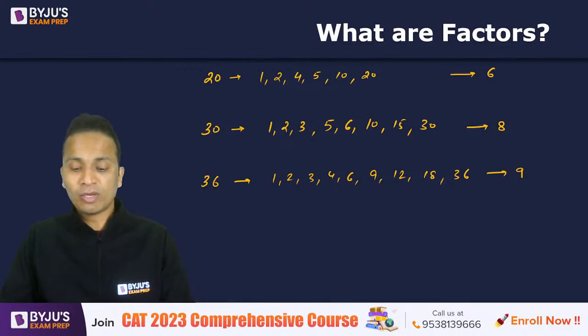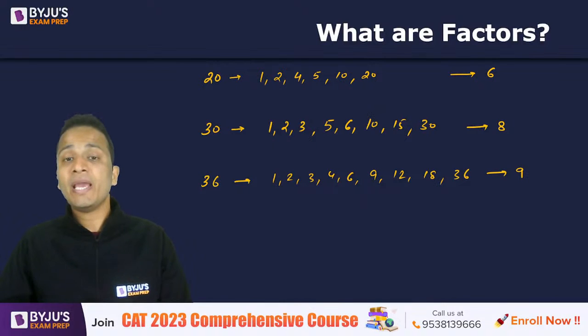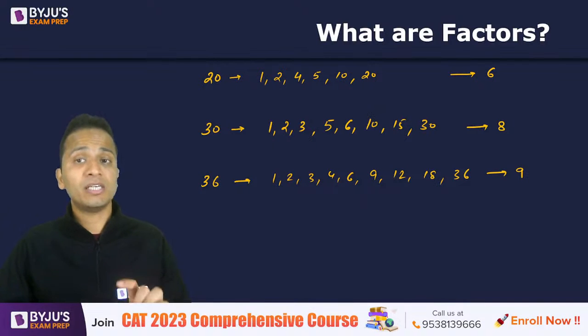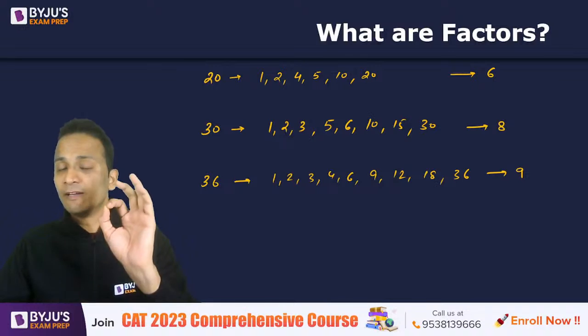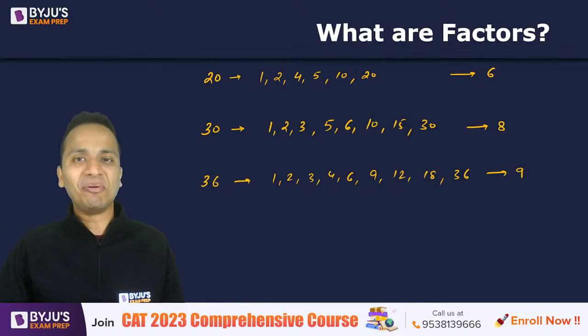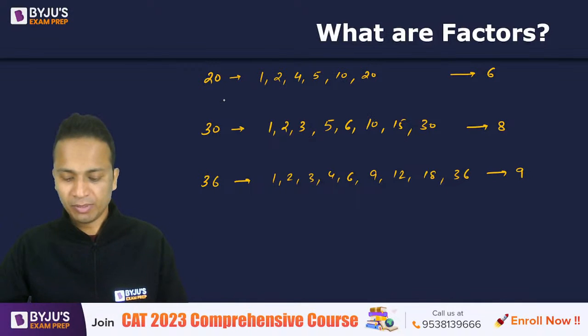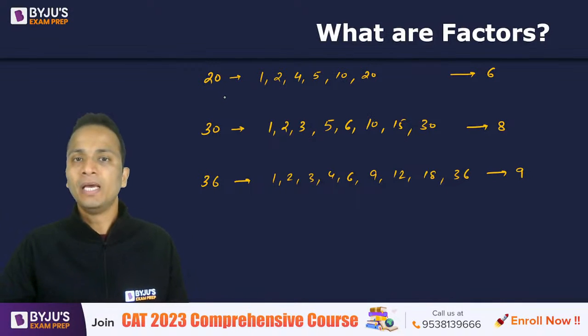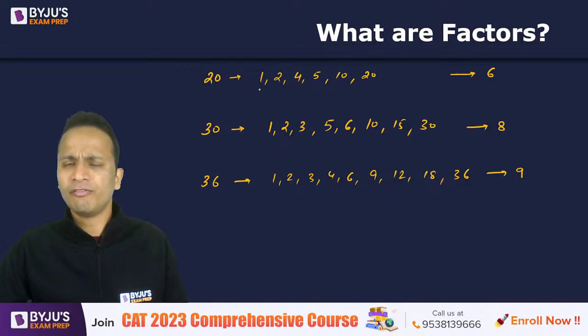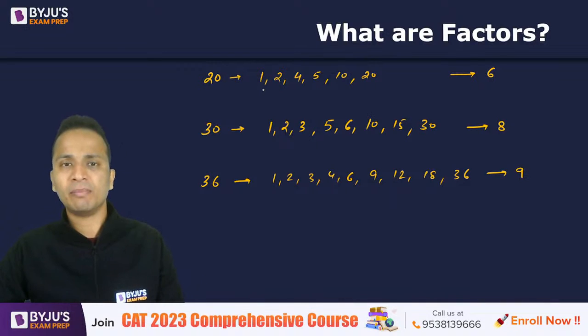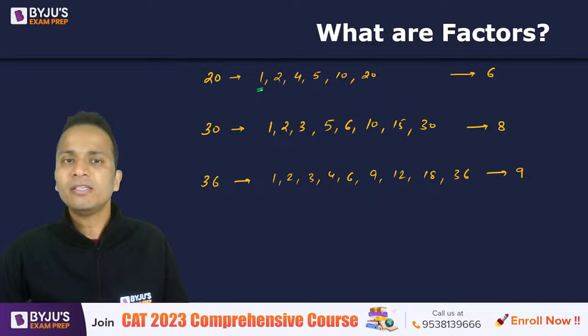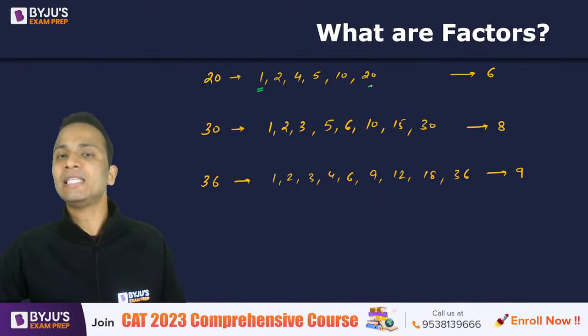But now let us have a look at some very important properties which are related to the factors or the number of factors of any number. I'll start from the first number that I've taken, 20. If you look at all the factors of this number, the first factor and the last factor, multiply these two numbers.